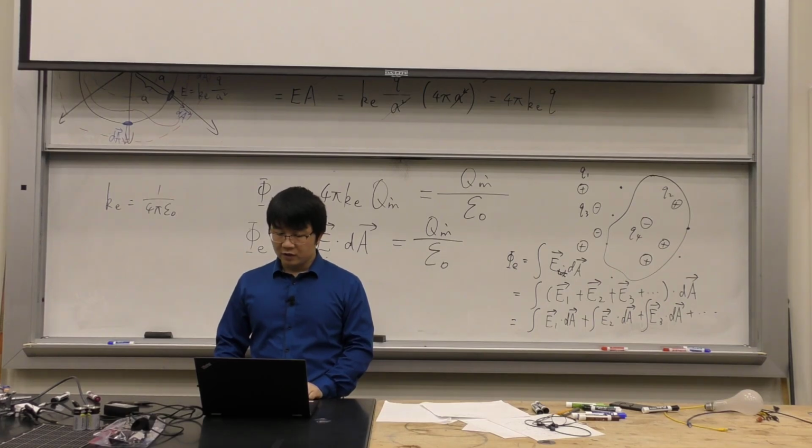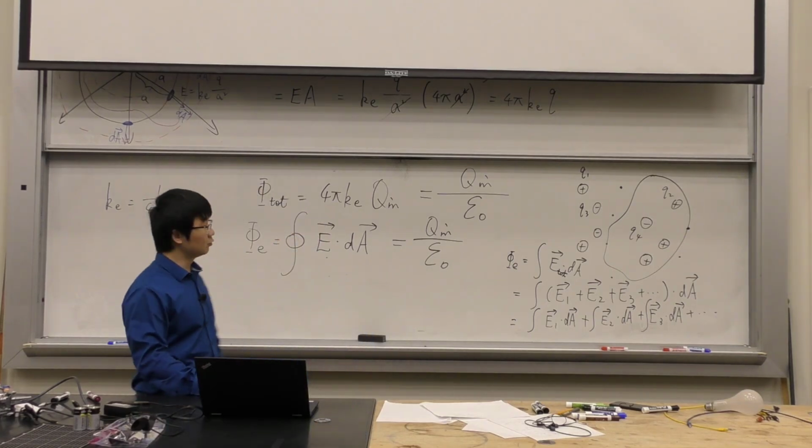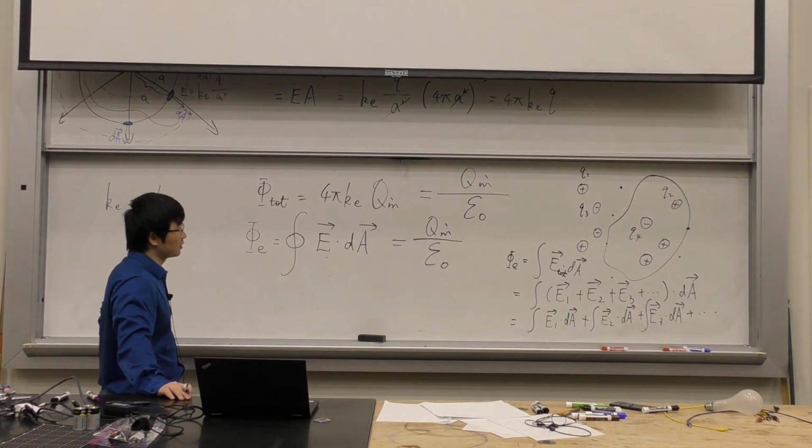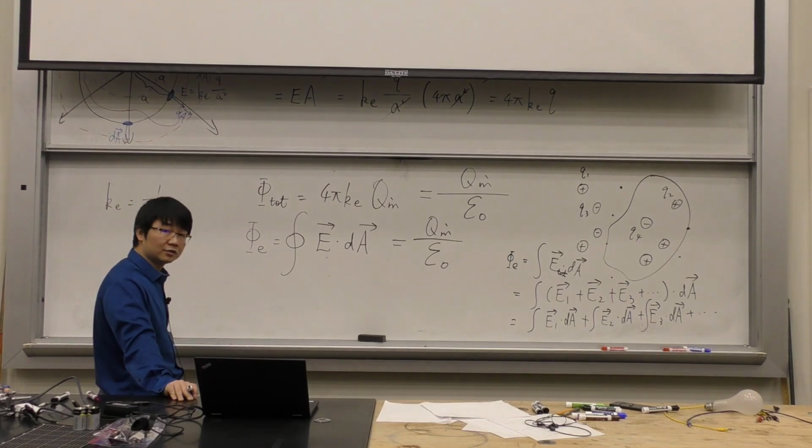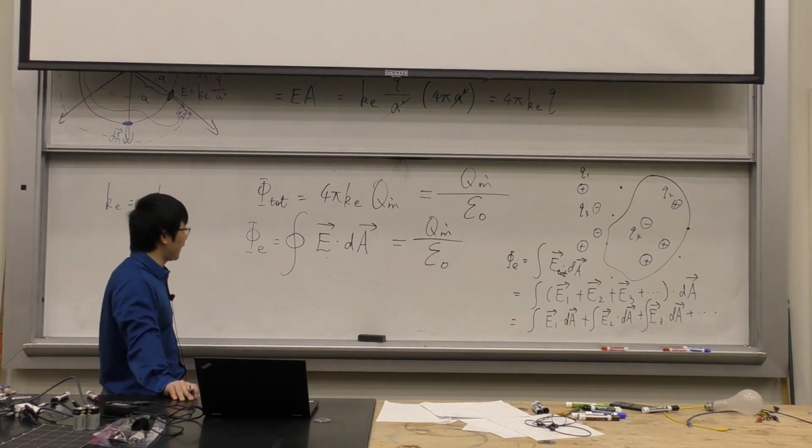So what's the use of Gauss's law? First of all, as I said, Gauss's law is an alternative of Coulomb's law. You can think of it as a conclusion of Coulomb's law. But actually, in advanced EM theory, we think of Gauss's law as the fundamental theory, even though it's not that intuitive. It doesn't have any force, well, it does have charge.